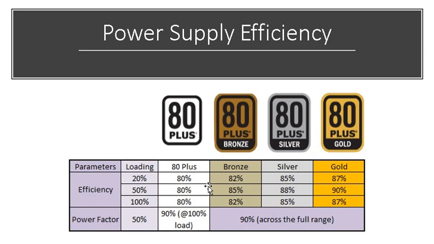And as you can see, when we're going more toward gold or platinum, the efficiency will go higher, 85%, 88%, 90%. So what this efficiency actually means is that this is the amount of power you're getting, and the rest of it will be turned into heat, which is not useful for your computer.